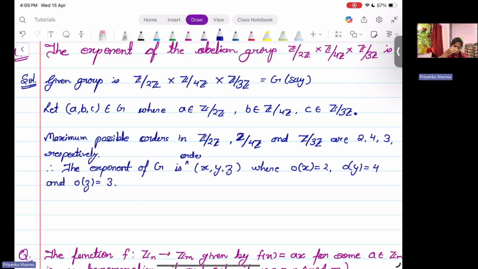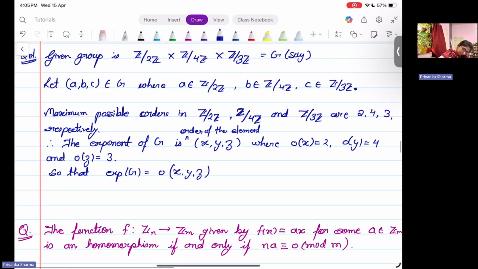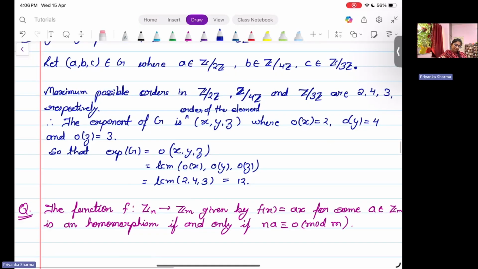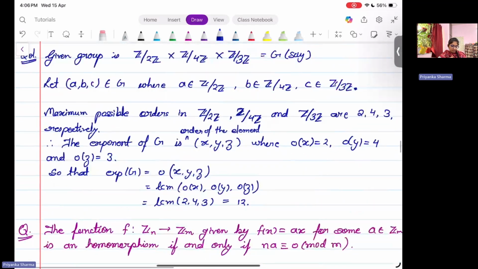Exponent is actually the highest possible order, no? So the exponent of G will be the order of x, y, z, which is the LCM of order of x, order of y, and order of z. That is LCM of 2, 4, and 3, which is 12. So this is the exponent of the given group.